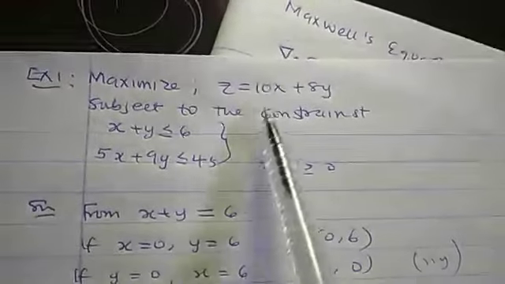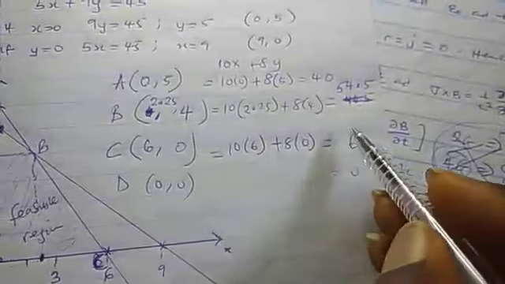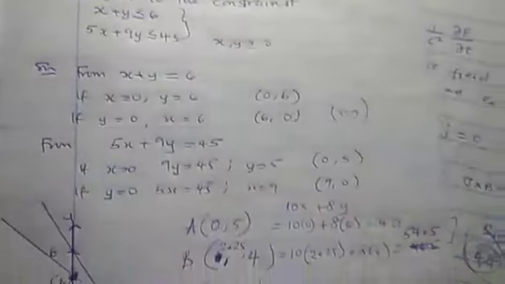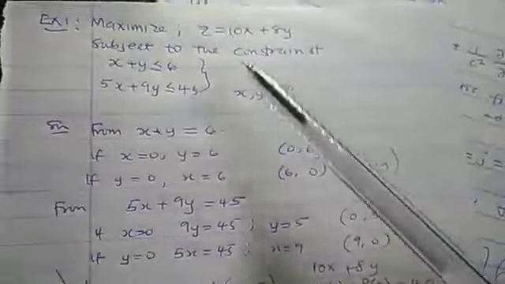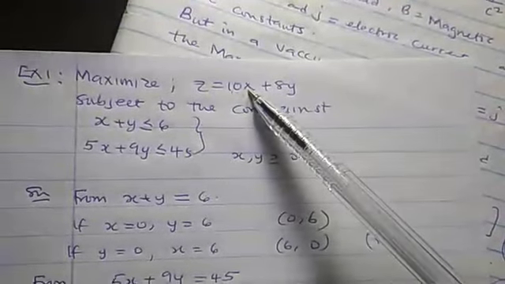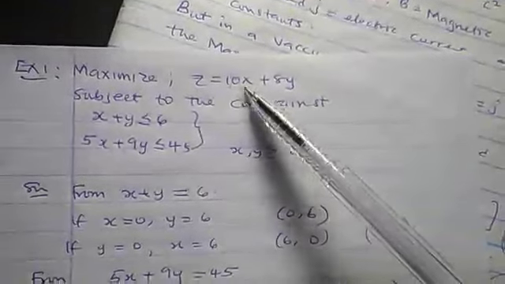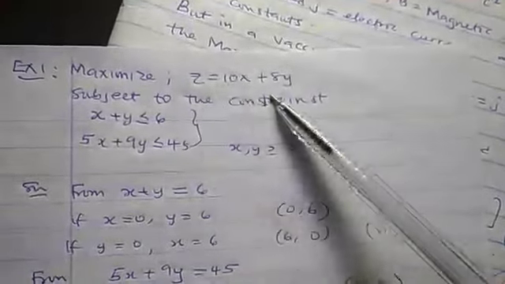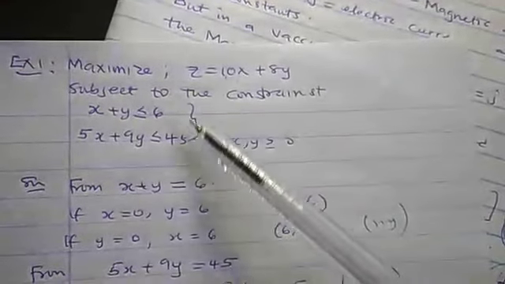Since we are dealing with a maximization problem, our answer is the maximum here, which is 60. If I want to take a decision, let's say it's a product, they want to know how many products of x to produce in order to get a maximum profit, subject to this constraint.